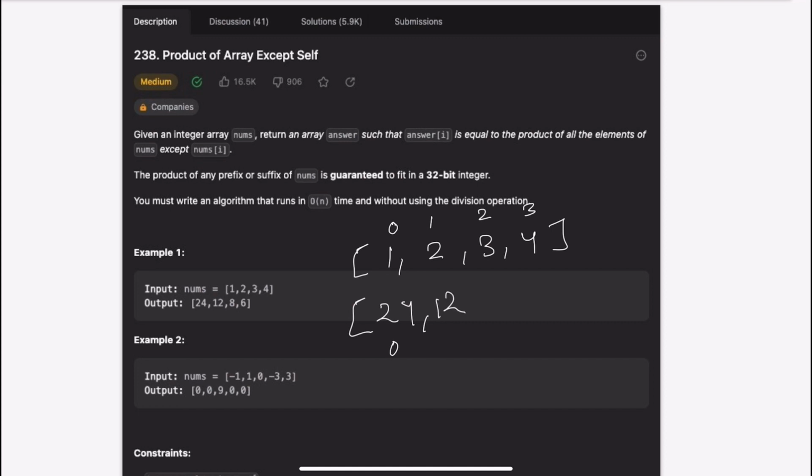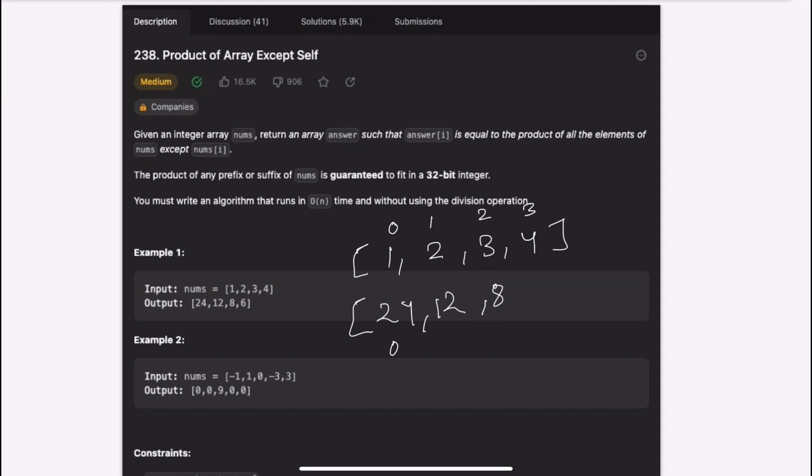Now similarly with index 2, ignore the element on index 2 and multiply the rest. So the elements would be 1 into 2 into 4. Yes, the answer would be 8, right?